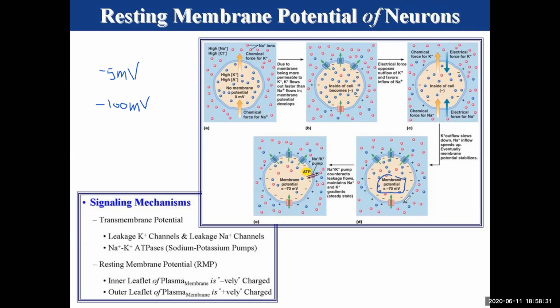Later in the semester, we're going to see cardiac muscle, contractile cardiac muscle cells or cardiomyocytes. The resting membrane potential sits at minus 90 millivolts. So depending on the number of leak channels they have, depending on the number of ATPase they have, the resting membrane potential will change. And that's cell type dependent.